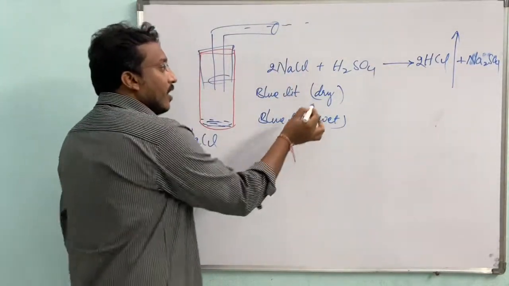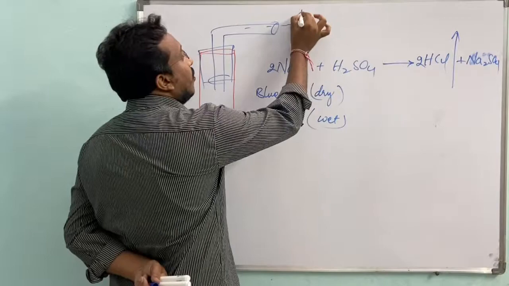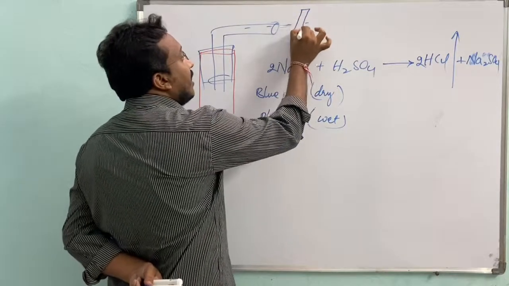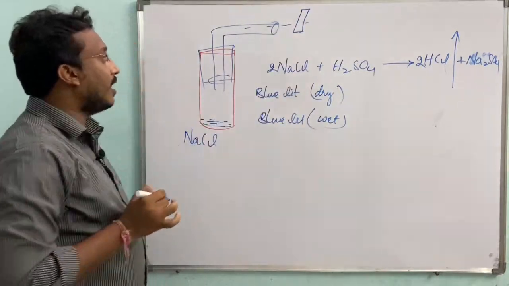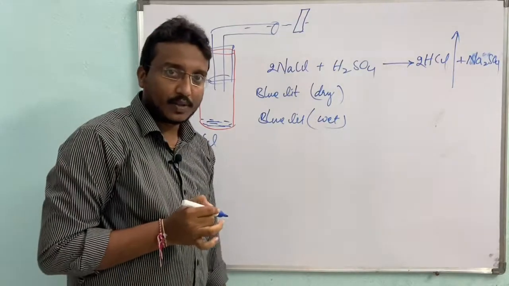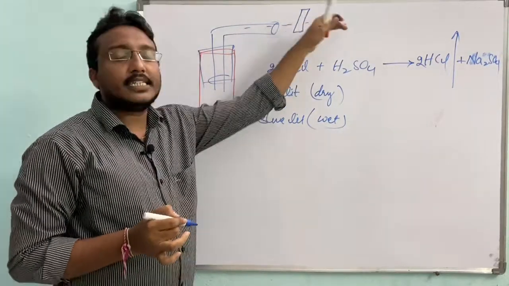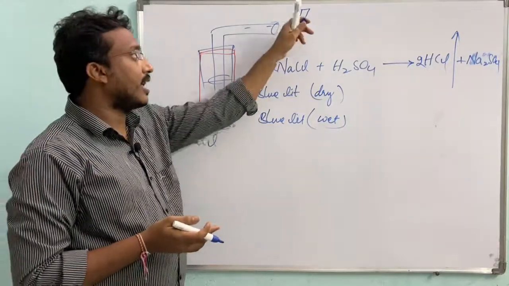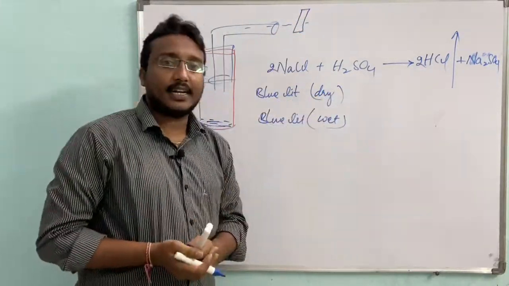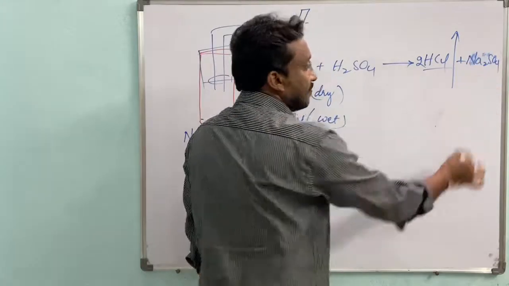First bring the dry blue litmus paper near the mouth of the delivery tube, because the gas evolves from here. Which gas? HCl. HCl is the acid.